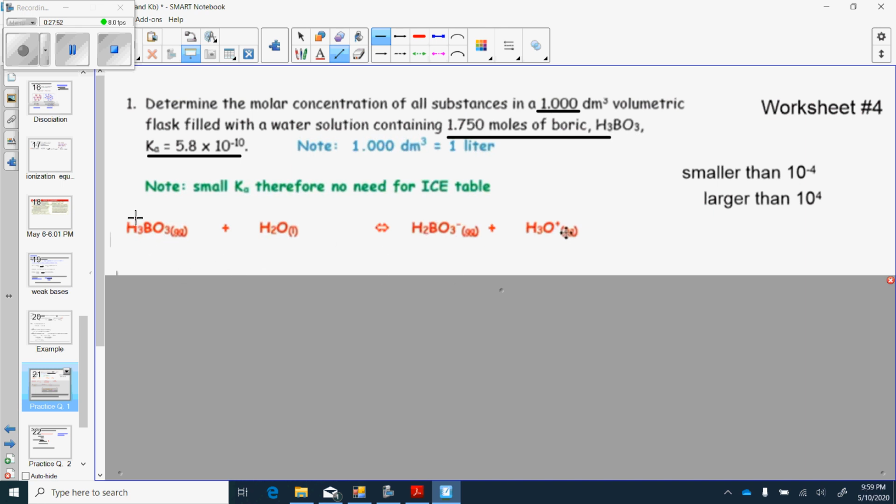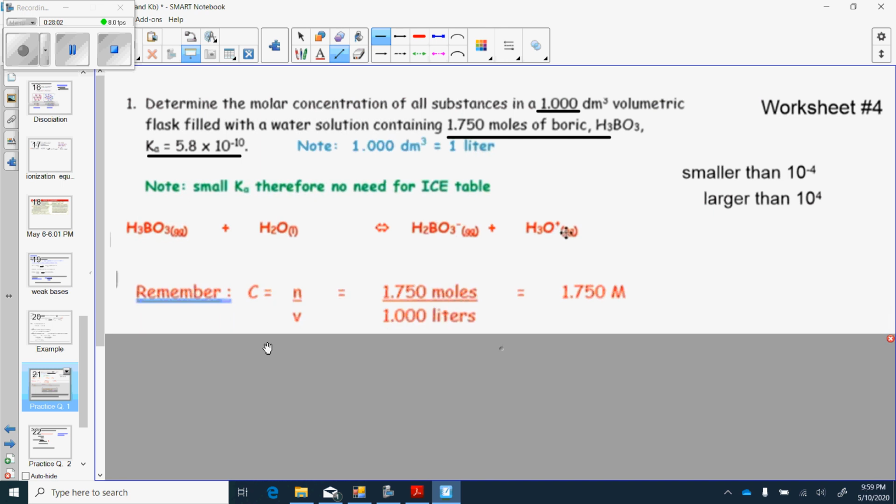We're really looking for the concentrations of our ions here. Remember, this is liquid, so it's not going to be involved in the Ka. This one you probably did in your head, but just to be clear, concentration is moles over volume. So we take our moles, put it over volume, and we get our molarity for our starting solution.